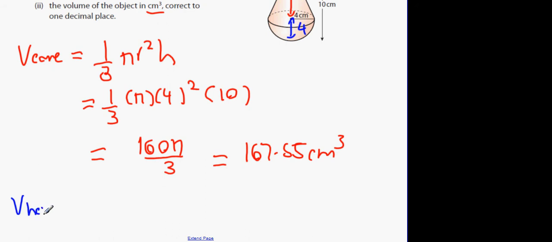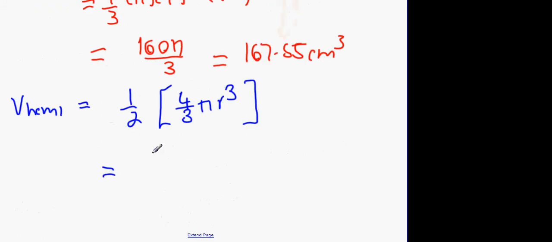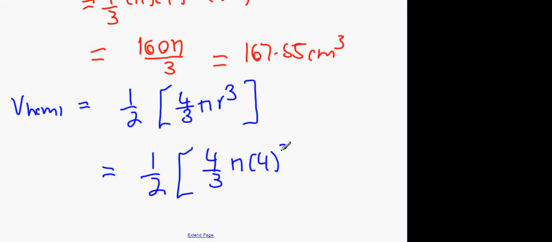Volume of a hemisphere is half the volume of a normal sphere. And a normal sphere is 4 over 3 pi r cubed. R is 4, so it's going to be a half brackets 4 over 3 times pi times 4 cubed. Put all of that into the calculator, all in one go.